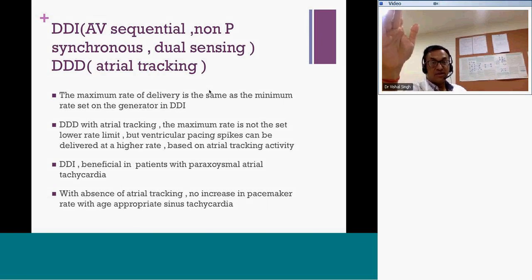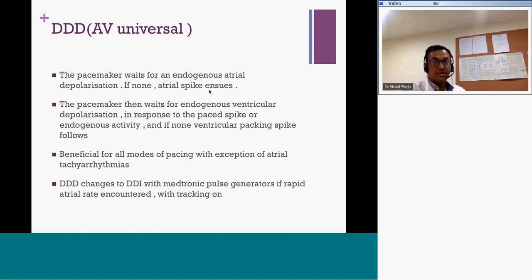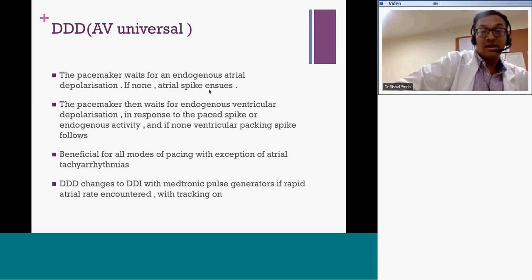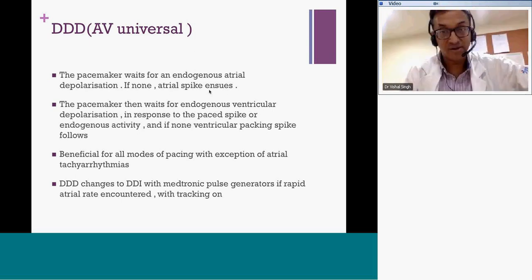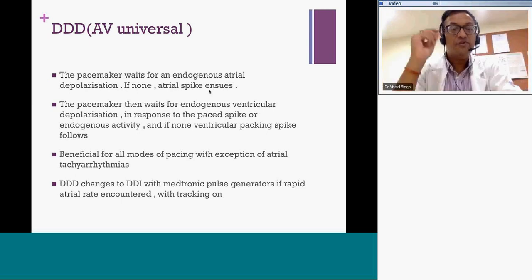DDI is beneficial in patients with paroxysmal atrial tachycardia. The device waits for the endogenous atrial activity, and the ventricular pacing spike issues in response to the pace spike or endogenous activity. Okay.